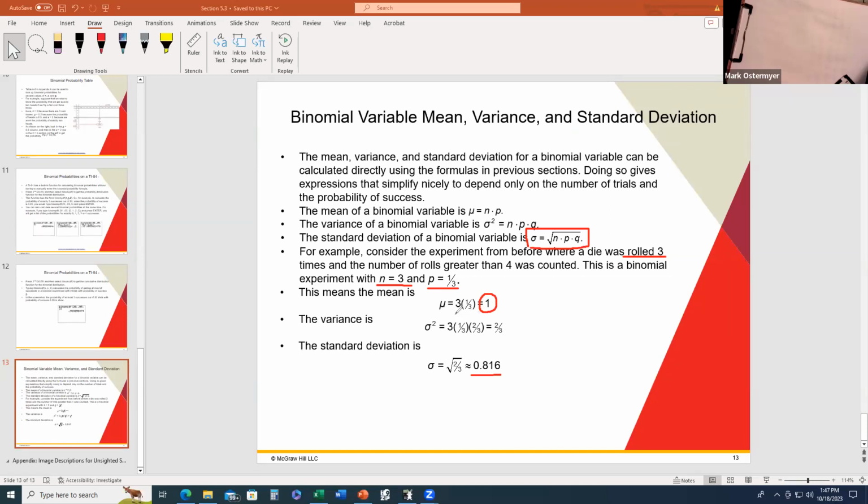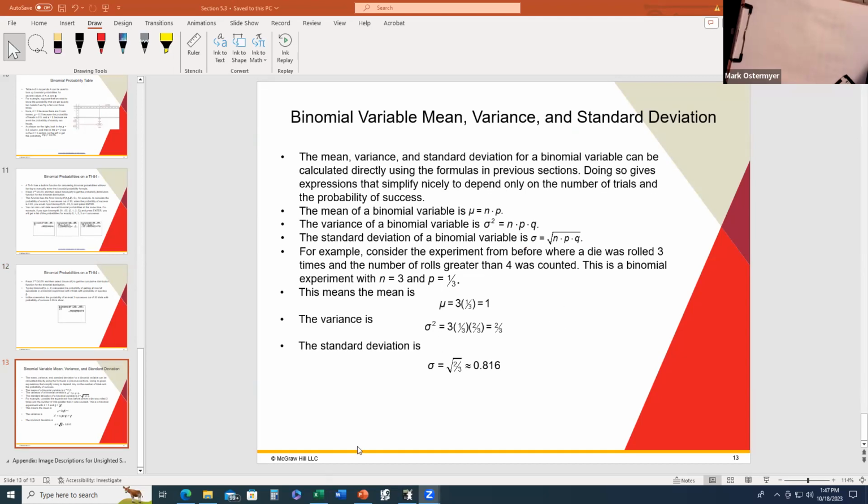We would expect of 3 trials of rolling this die to have 1 minus 0.816 to 1 plus 0.816 of those rolls come up with a face that is greater than 4. Okay? That's what we would expect. Does that make any sense?